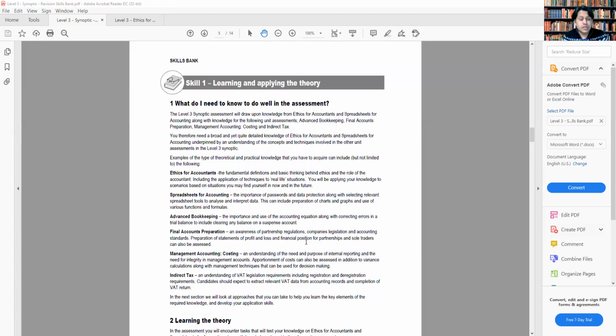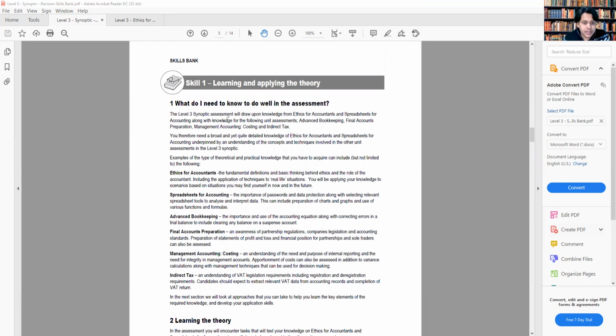So you can see the first one is skill 1, learning and applying the theory. What does that mean? They are saying, what do I need to know to do well in the assessment?